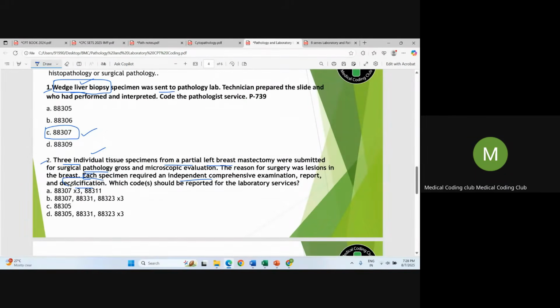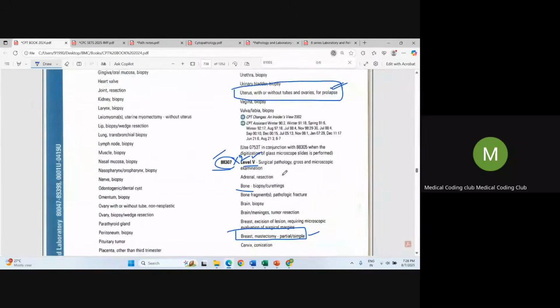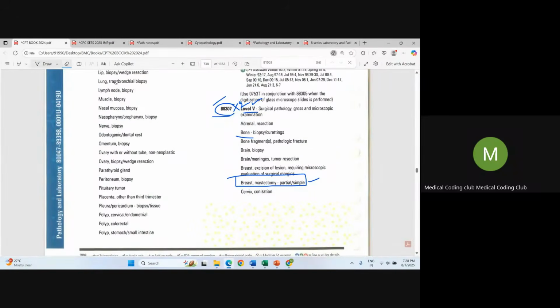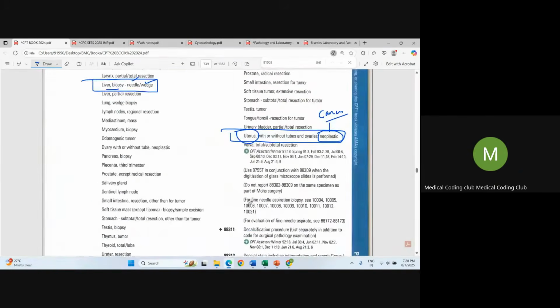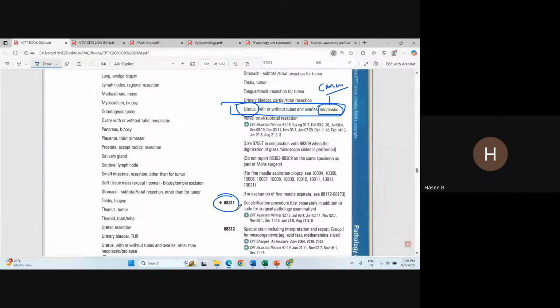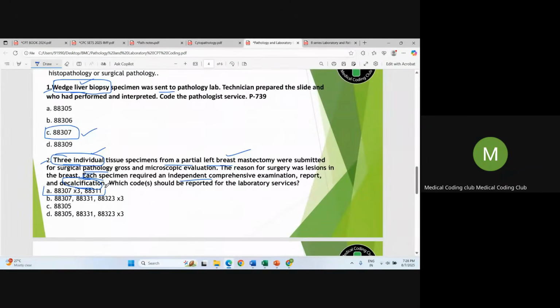So you have decalcification also, and there are three individual partial breast mastectomy specimens. Under 88307 you have the partial breast mastectomy, and they have mentioned three individual, so you should give 3 units, and for decalcification you can use 88311. Correct. So the answer is option A.